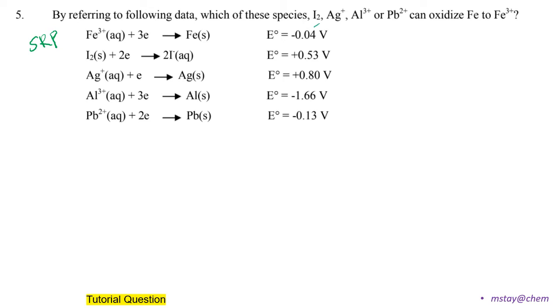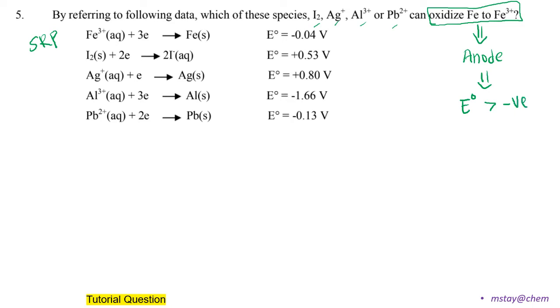Which of the following species, we have 4 species here, can oxidize Fe to Fe3 plus? From here we know that Fe to Fe3 plus is oxidation. Oxidation always happens at the anode, and the E0 electrode will basically be the more negative value.